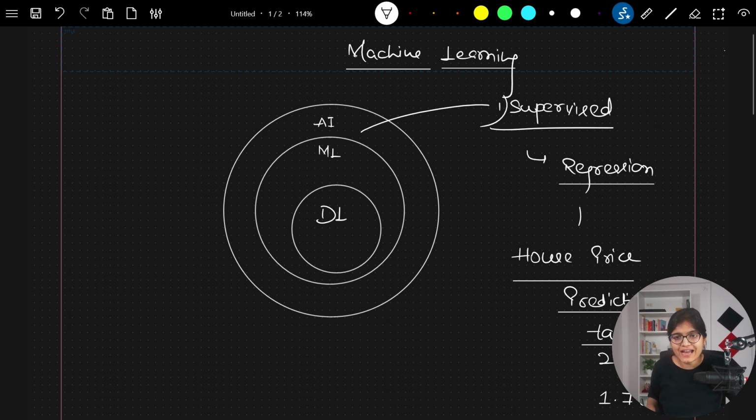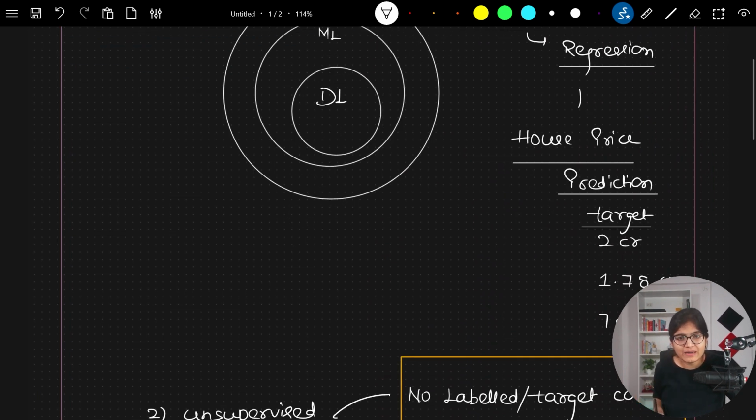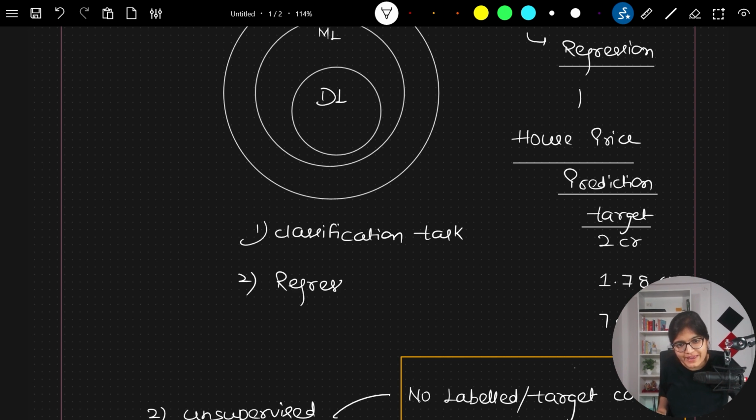In supervised, we have seen that it is helpful to solve two tasks, I would say. One is the classification task that we have learned, and another is the regression task, right? And I have given the example of both of them. I hope this part is also pretty much clear to everyone.